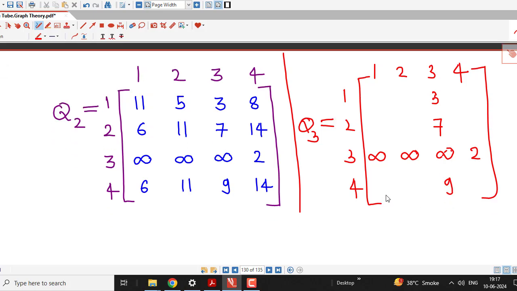Now suppose I am interested in these 3 entries. Because I am writing q3, suppose I am writing this entry, then I have to write 4 comma 1 here.